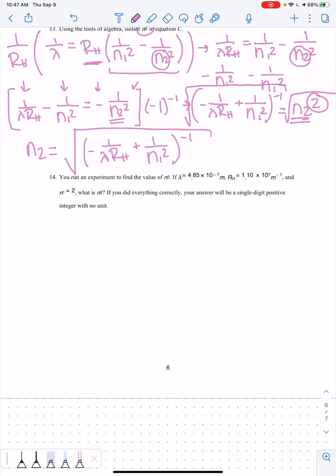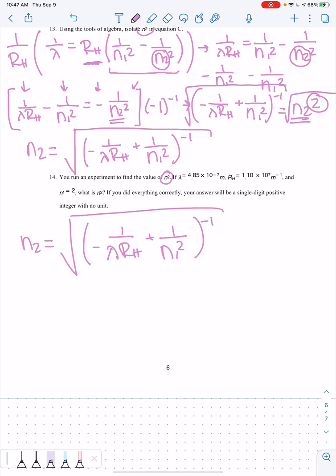Now for number 14, we want to find the value of N2. So we can use this equation that we just solved for N2, and we'll just write that again. And now we can just plug in all of the values that were given in this problem.